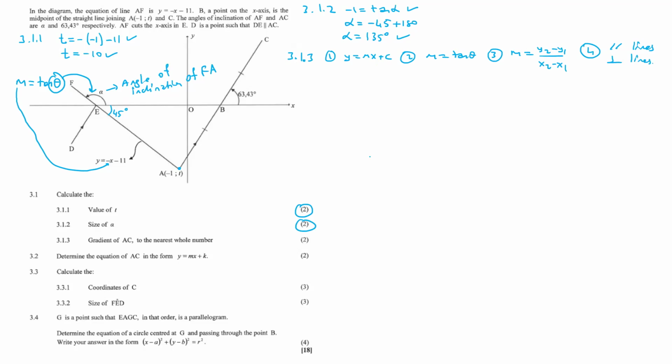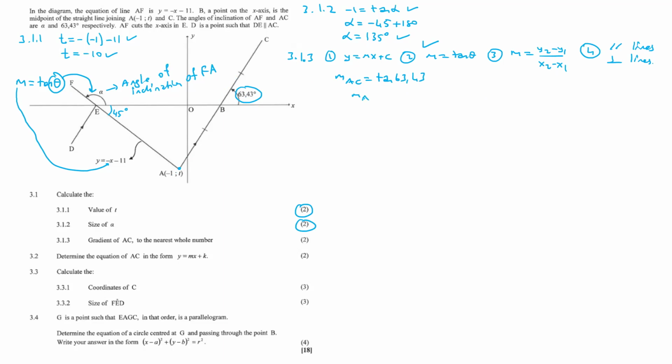Whenever you need to find the gradient, this question is always there, like distance, gradient, midpoint, equation, it's 6 questions. Look at this AC, we only have 1 point, so we can't use number 3. We don't have parallel or perpendicular lines, so we can't use number 4. We don't have the equation of the line, so we can't use the equation. So it has to be number 2. Number 2 means I can use the angle of inclination of this line, which is 63.43. So the gradient of AC will be equal to tan 63.43.